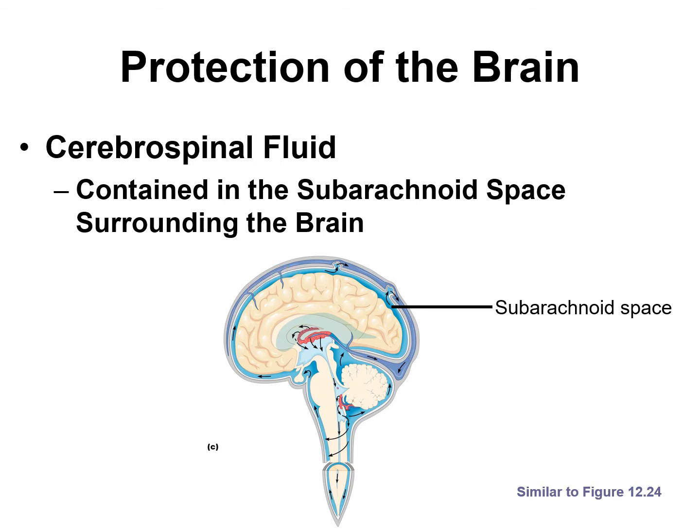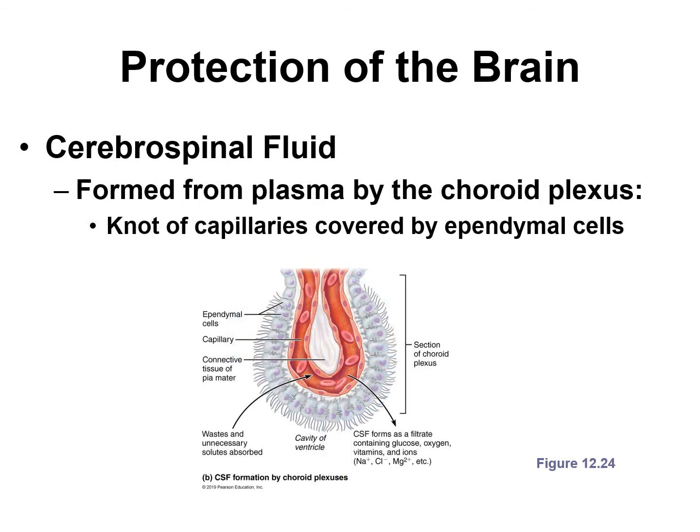Let's look now at how the cerebral spinal fluid is formed and the composition of the cerebral spinal fluid. So, where does cerebral spinal fluid come from? Cerebral spinal fluid is produced by a knot of capillaries called the choroid plexus.